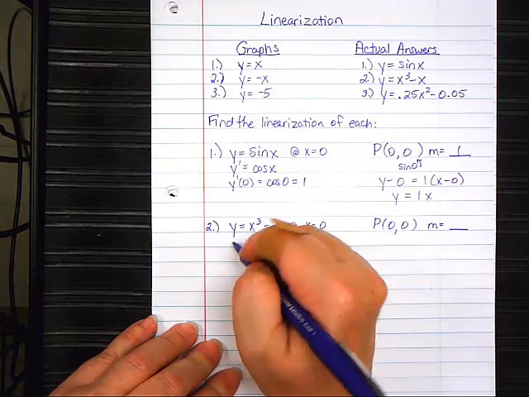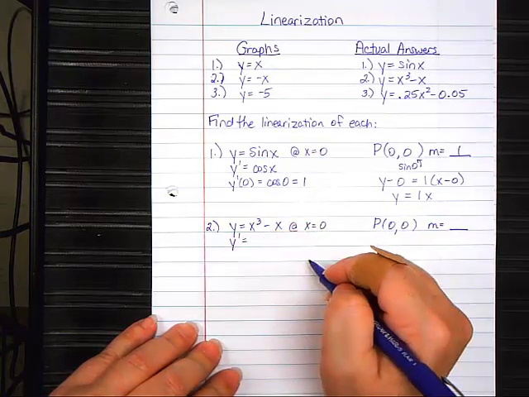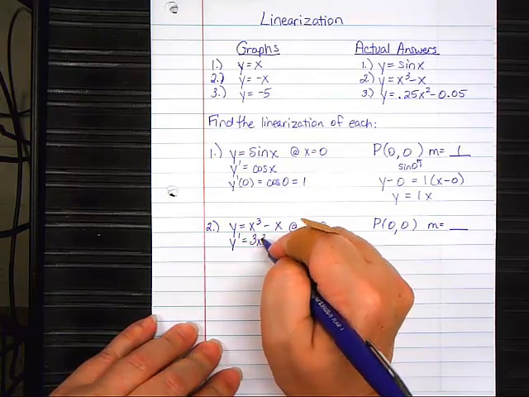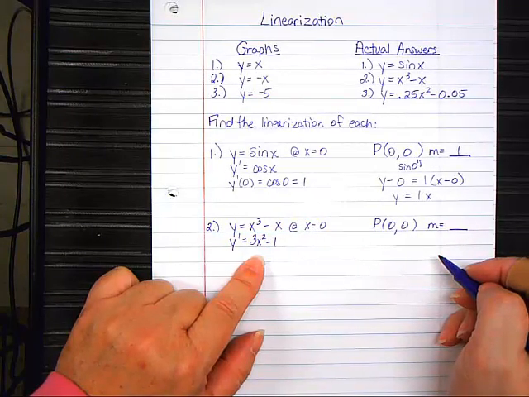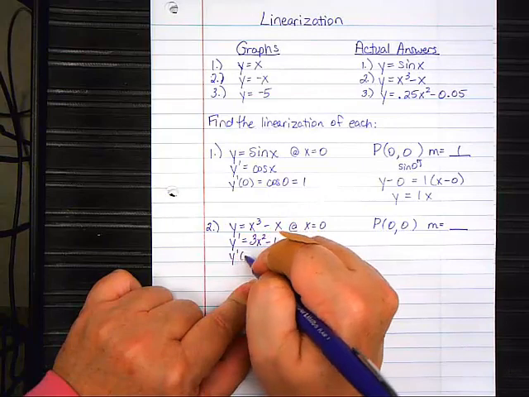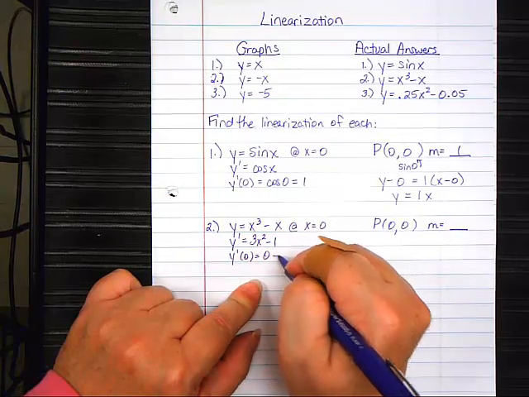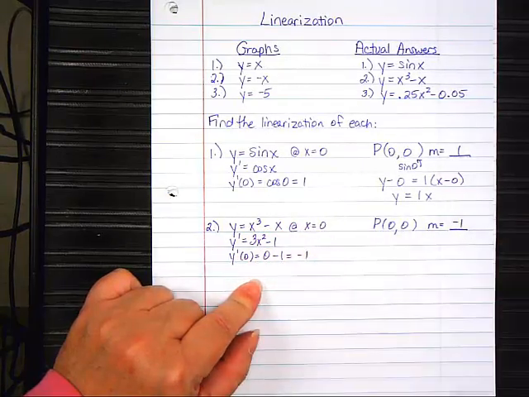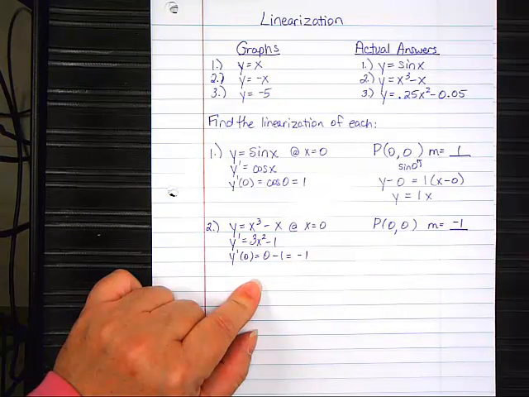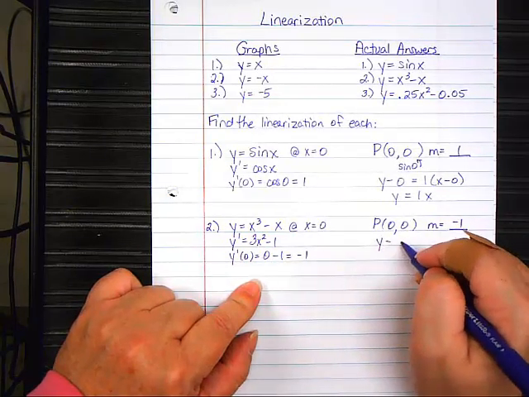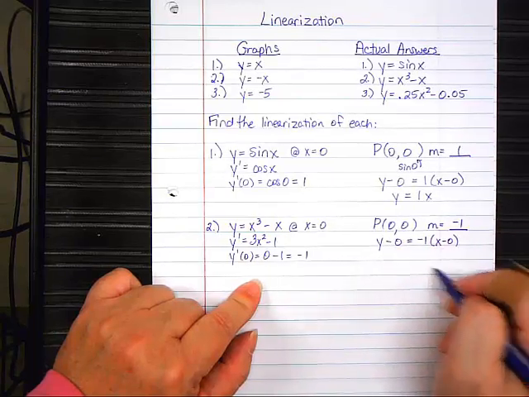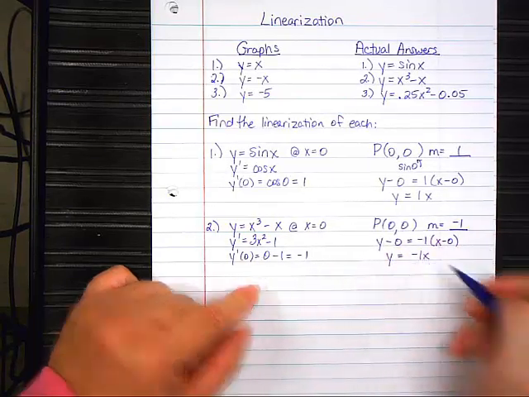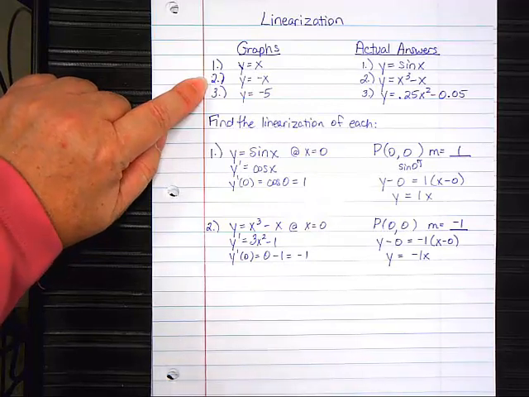Now to find the slope, I need to take the derivative, which is 3x squared minus 1. When I plug 0 into here, what do I get? Negative 1. There's my slope. So then write the equation: y minus 0 equals negative 1, x minus 0, y equals negative 1x. That's what I got for number 2.